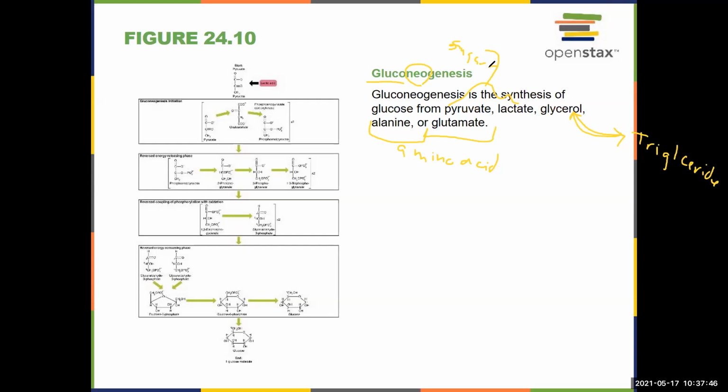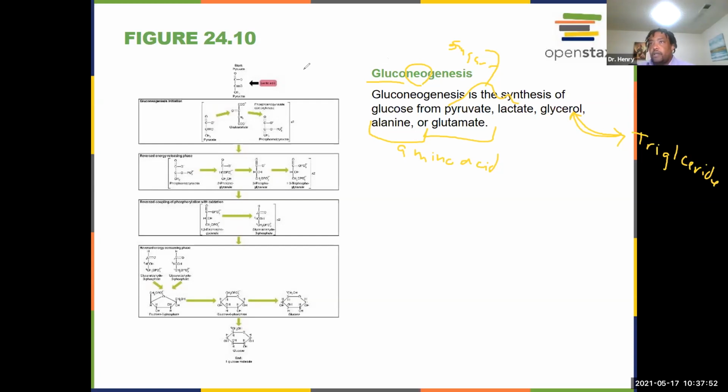Okay, so in the case of lactic acid or lactate, we can start from lactate, or we can start here from pyruvate, right?